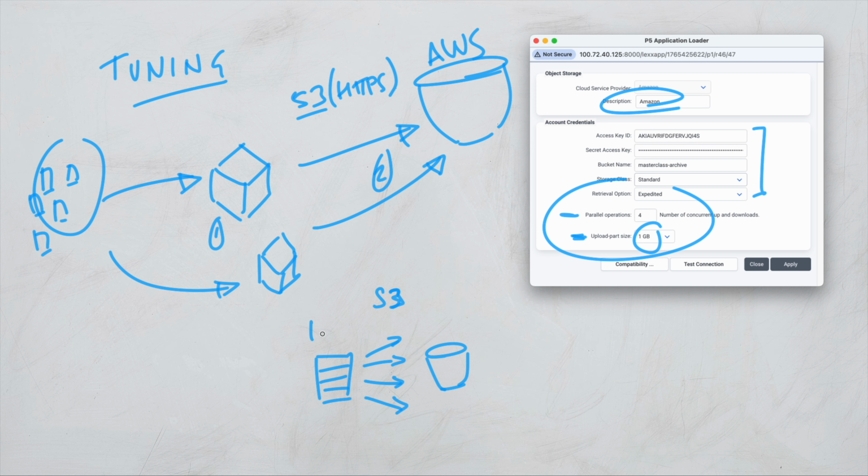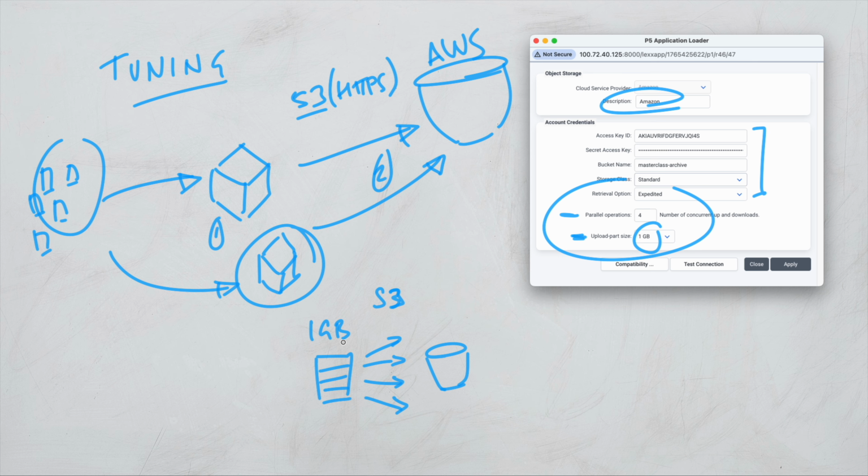With P5 by default, if your file, which in our case is a container, is bigger than 1 gigabyte, it'll be split up into multiple parts and uploaded as multiple streams. So again, this optimizes the throughput that's available to us through your internet connection and generally means that things will run faster.